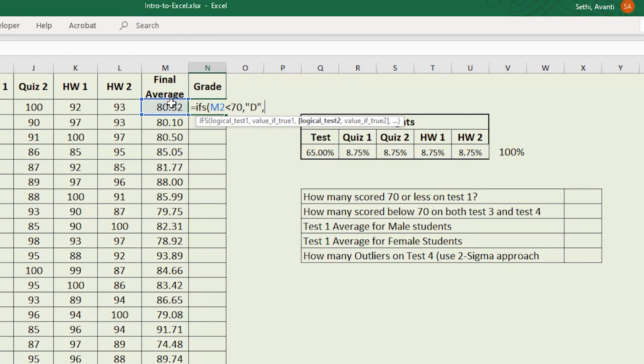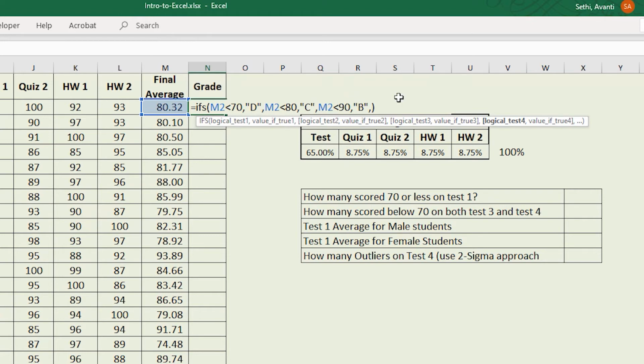And this is it. If this is less than 80, you get a C. If it is less than 90, you get a B. If M2 is less than 70, you get a D. Less than 80, you get a C. Less than 90, you get a B. Now what's left?